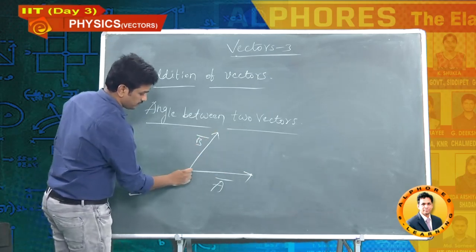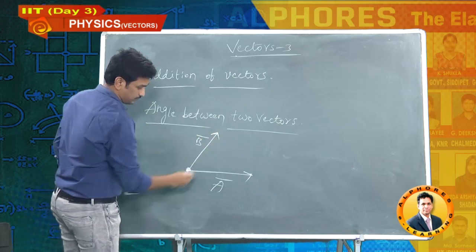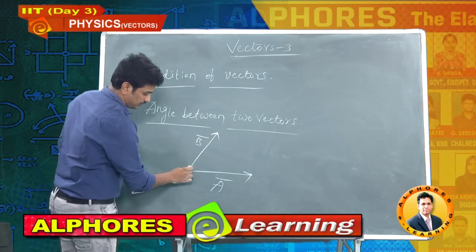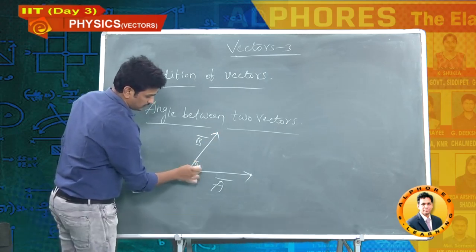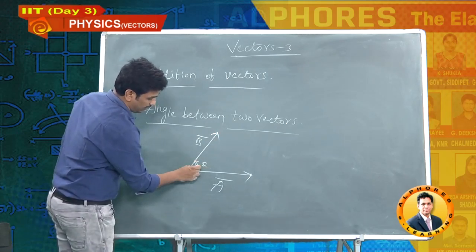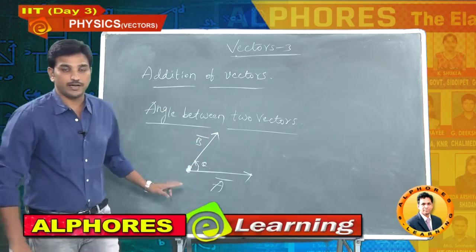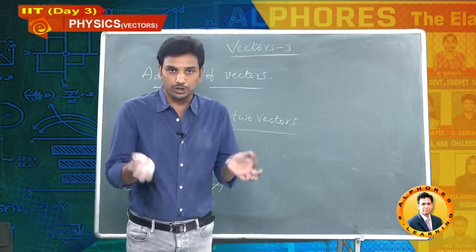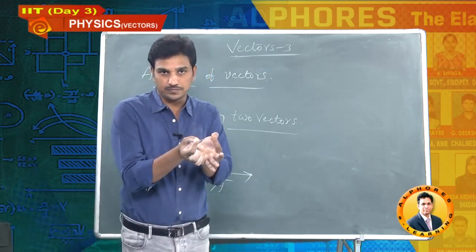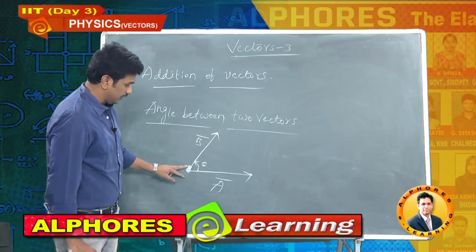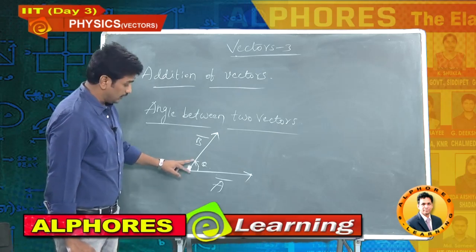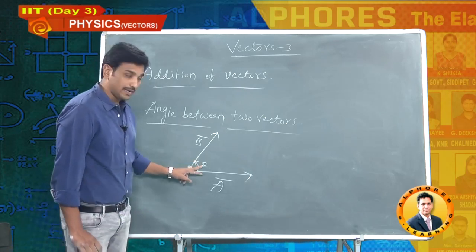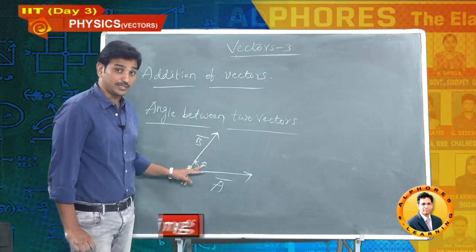B bar, tail, head. See here, B bar tail here, A bar tail here. Now, this is the angle between A bar and B bar. When you are observing the angle between two vectors, we should join the tails of the two vectors. See here, tail of B, tail of A. Now, these two vectors have some angle of difference. This angle of difference is nothing but theta.